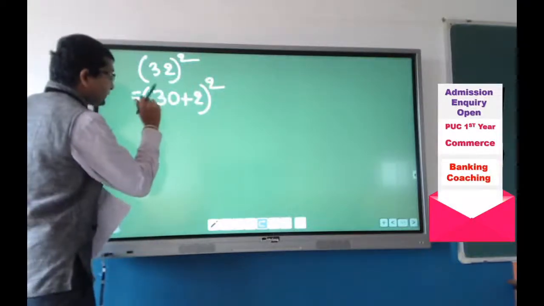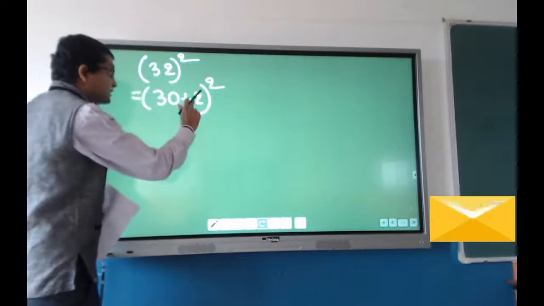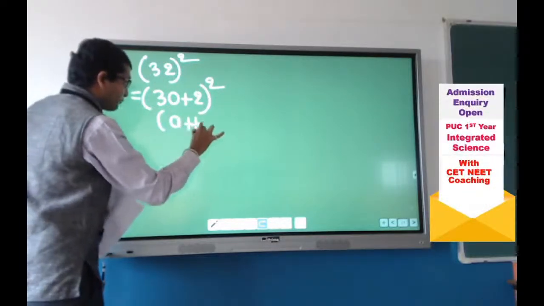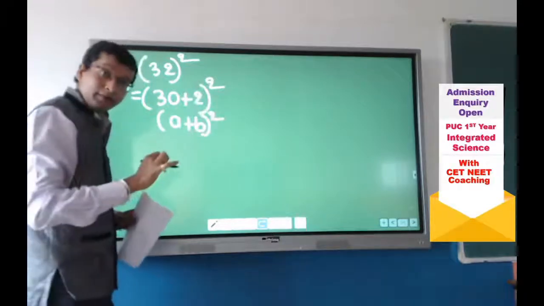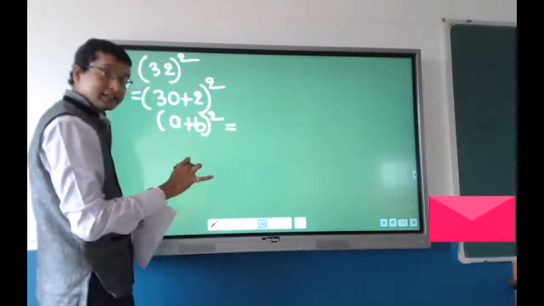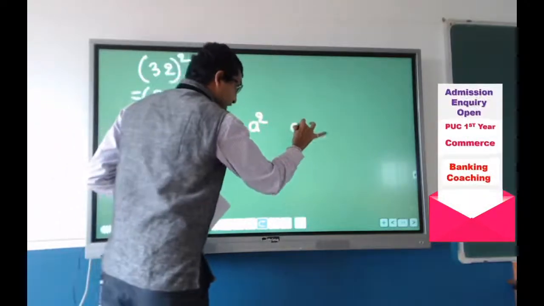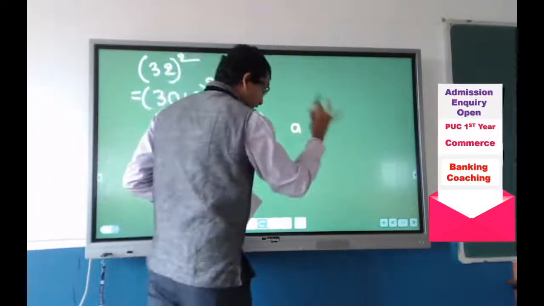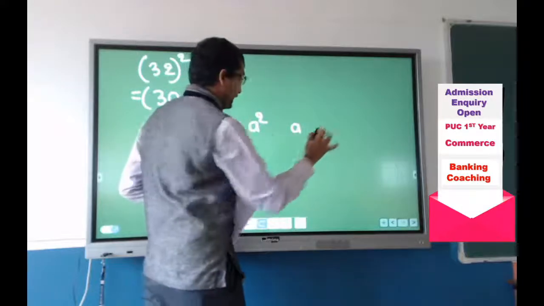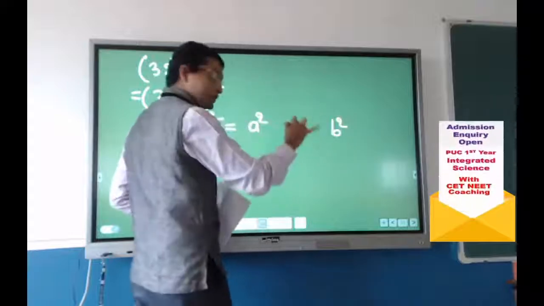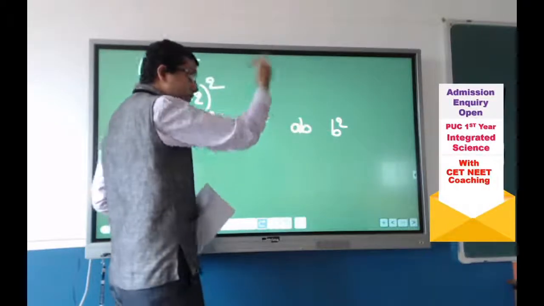So I take this as (A plus B) whole square, and I write the related formula. You are all perfect in all these algebraic formulas. I write A square, then decrease A power, until A raised to 0. And here B square, highest power is B square, decreasing until B raised to 0.